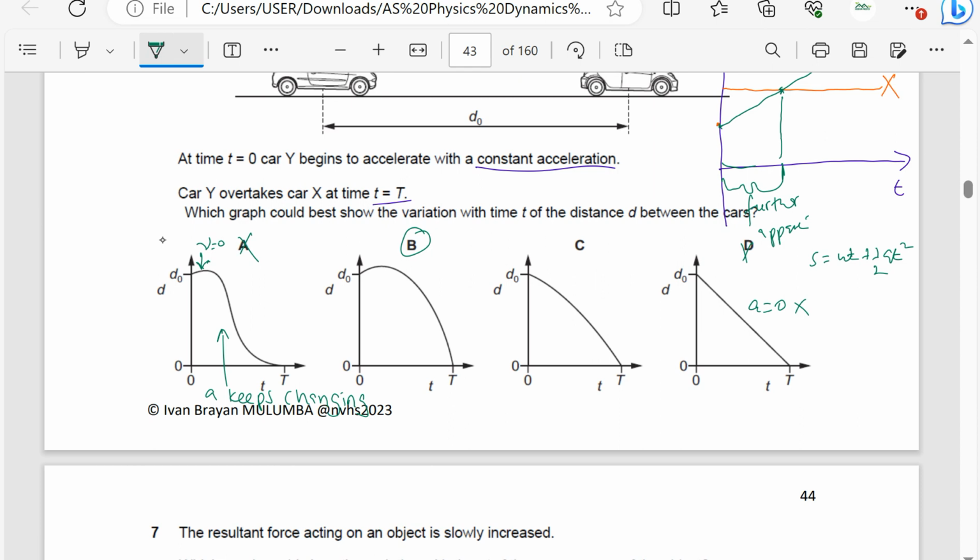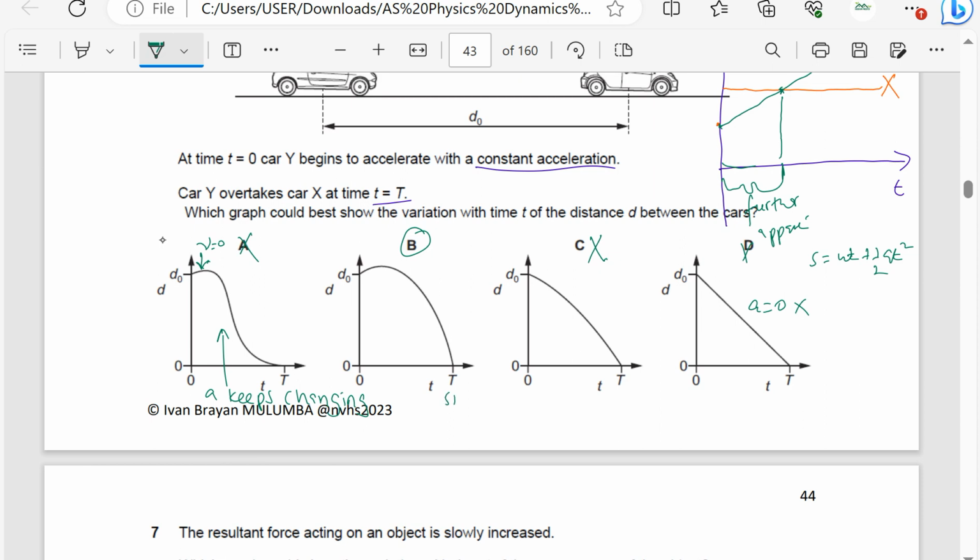So this part here is going to show that the cars initially get further apart because the distance first increases. Then they get further apart until u is equal to v, then they tend to catch up. So this one will not be correct because it is not moving further apart. So the answer is going to be C.